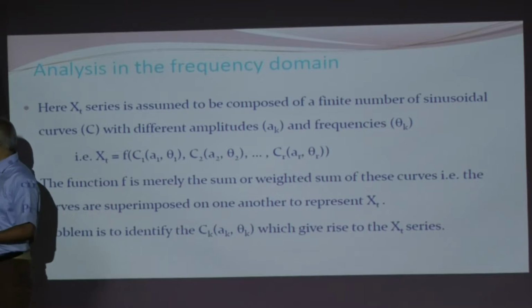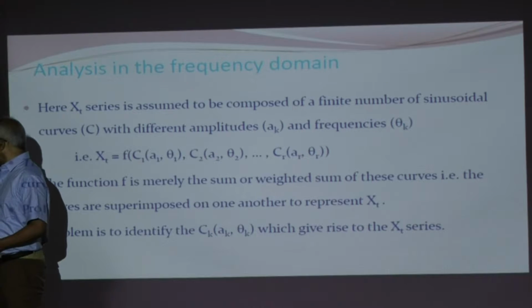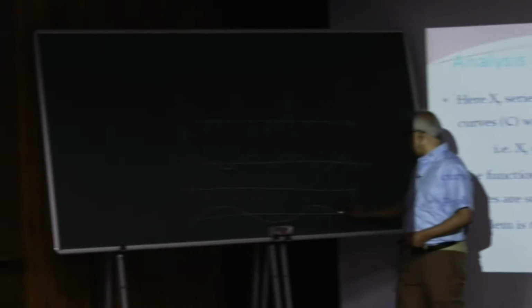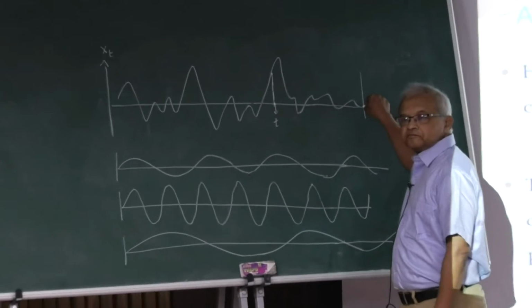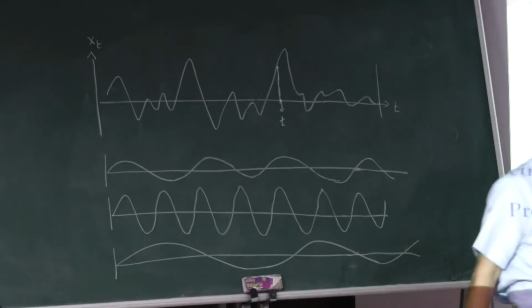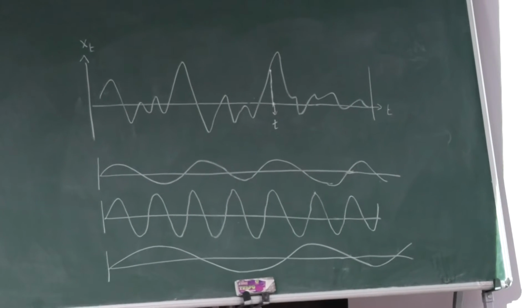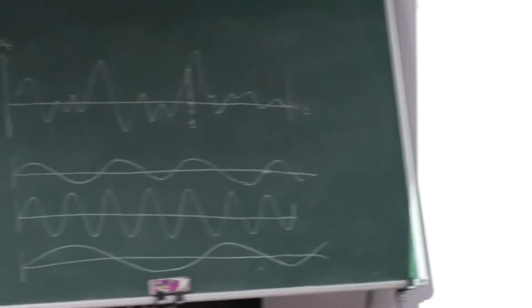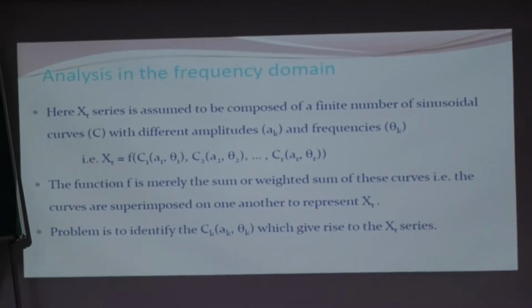So you tell me what is going to happen here, or maybe somewhere here, I'll see what happens to this curve here, to this curve here, etc., and then put them together, and I can tell you what is going to happen here. Okay, so this is another way of looking at a time series, but I will not stick to the frequency domain. They do this a lot in wavelet studies, etc., but we'll stick to the time domain approach.